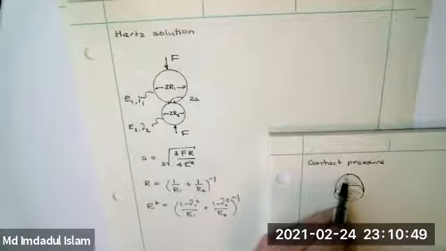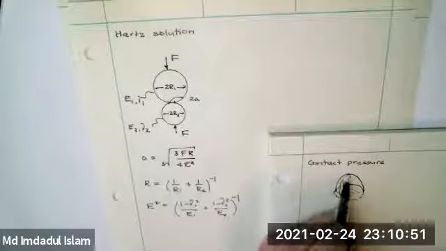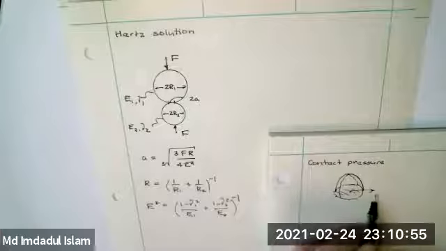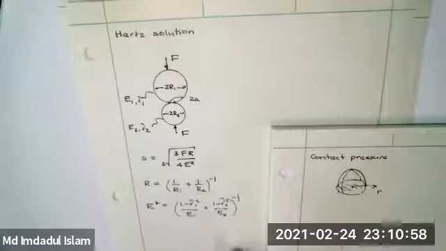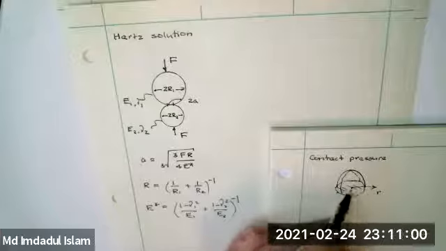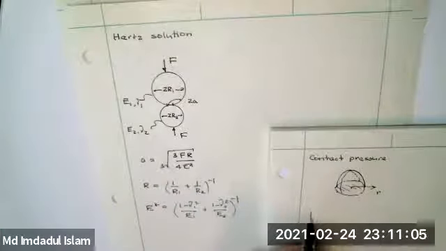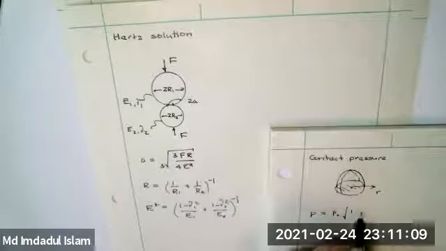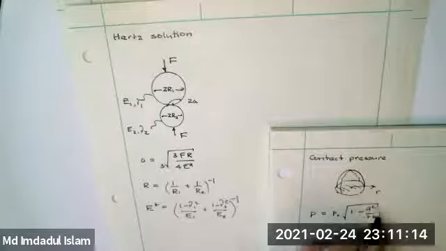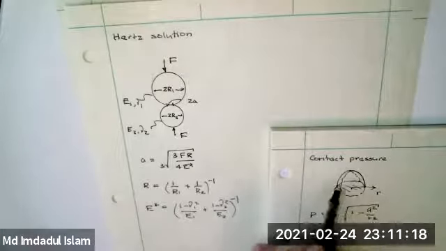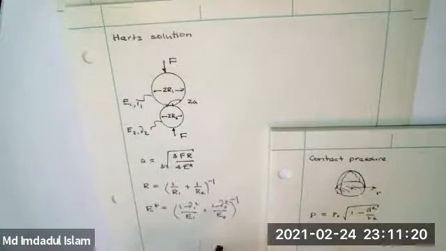It rises like a little hat. So if R is the radial distance out from the center of contact, then the contact pressure looks like this. So what that tells you is whenever R equals A, it goes to 0, and P naught is the max.